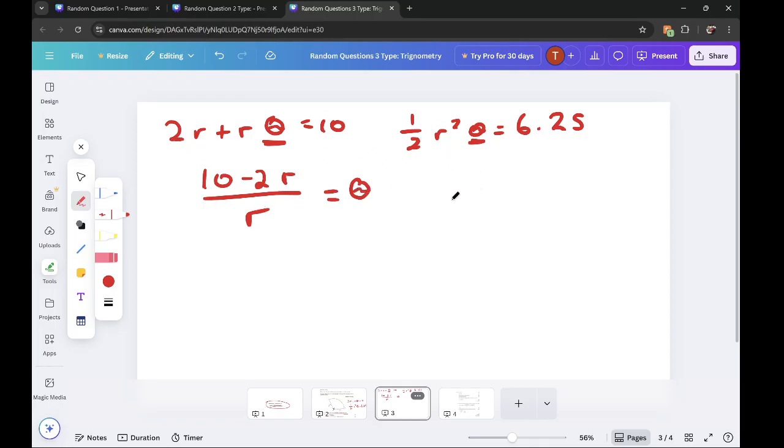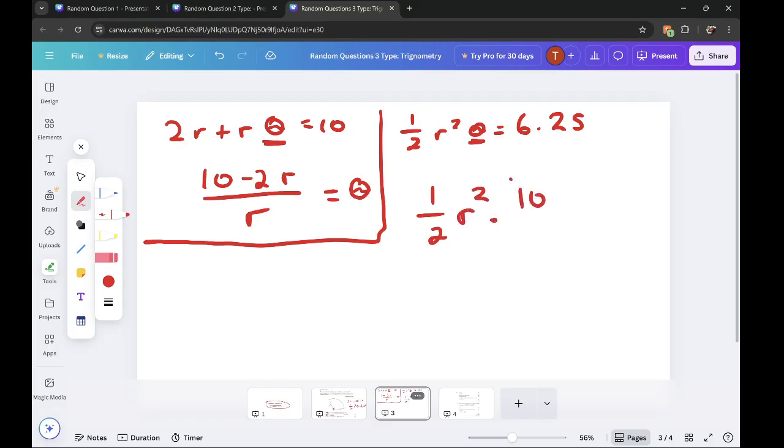Once I plug that in, I get 1/2 r squared times (10 minus 2r) over r is equal to 6.25. I could cross multiply, or I could make it really easy for myself and just cancel this out and cancel that square out.